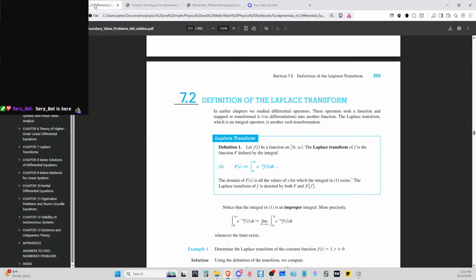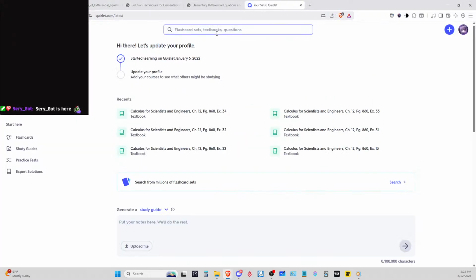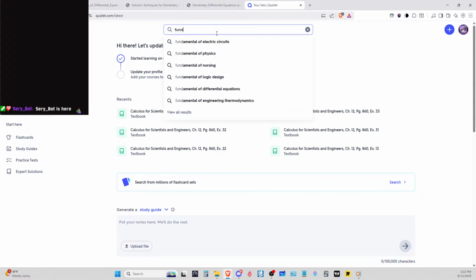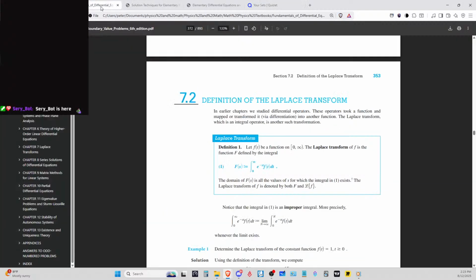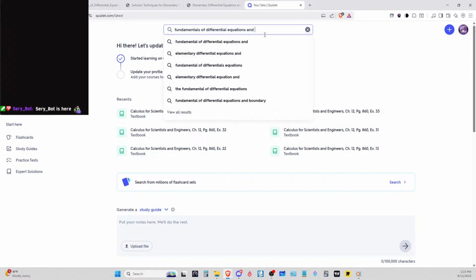This textbook is Fundamentals of Differential Equations and Boundary Value Problems.